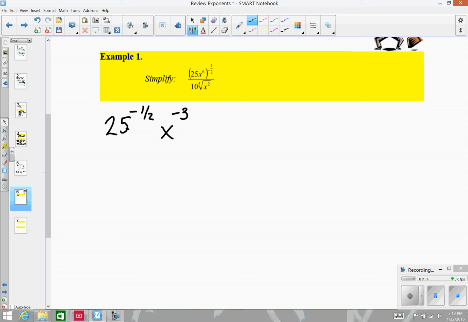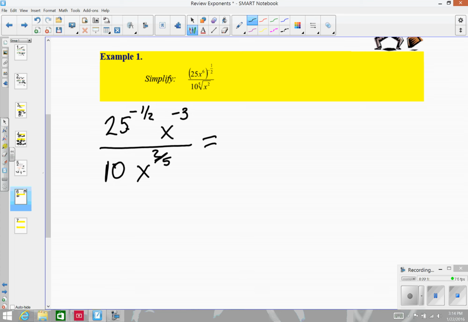Get negative 3. I've got a denominator with a 10 being multiplied by the 5th root of x squared, so I'm going to write that with a base of x and write this as an exponent. 5 is my index, that will be the denominator of my fraction here. 2 is my power I'm raising x to. So this is what we've got so far.